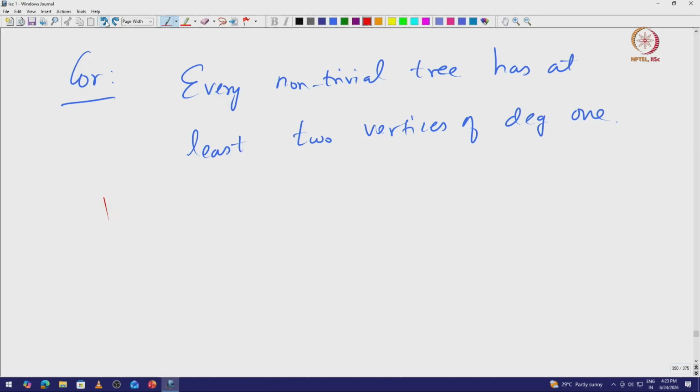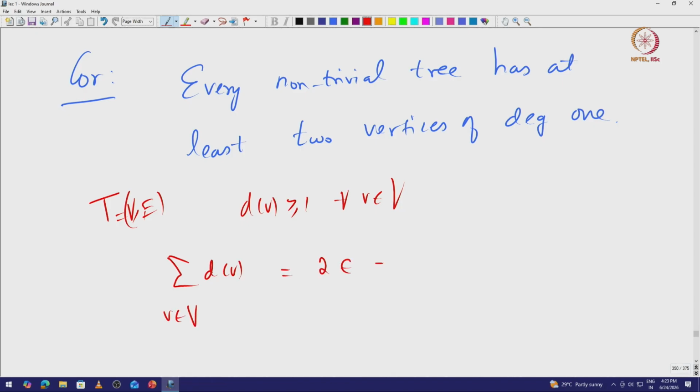Let us start with a tree T, which is given by V comma E. Now d(v) is greater than or equal to 1 for all v in V. The handshake lemma says the sum of the degrees of v in V is exactly twice epsilon, which is exactly twice V minus 1.